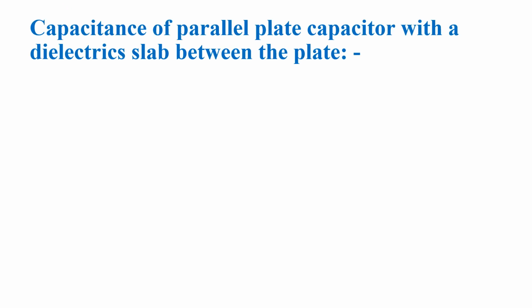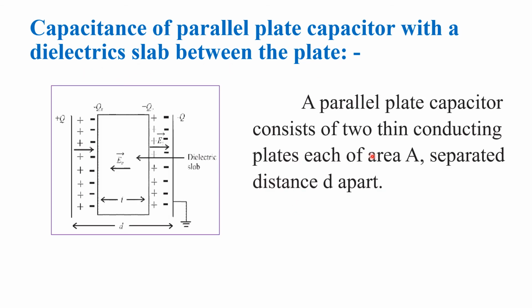Now we will find the capacitance of a parallel plate capacitor with a dielectric slab between the plates. A parallel plate capacitor consists of two thin conducting plates, each of area A, separated by a distance d. So this is the first plate and this is the second plate.